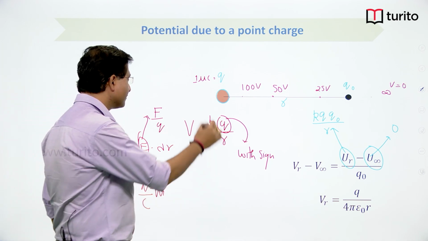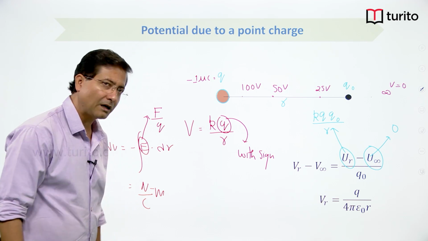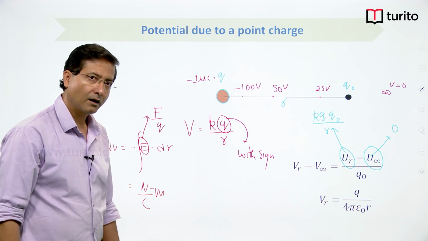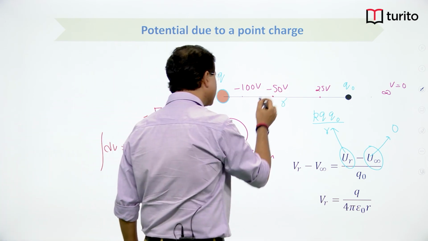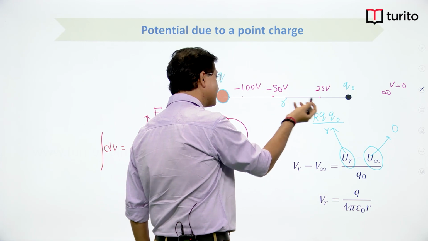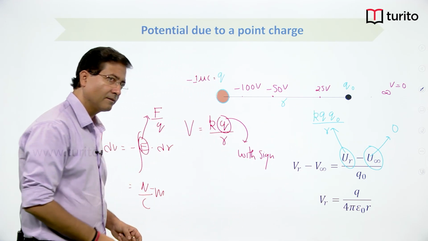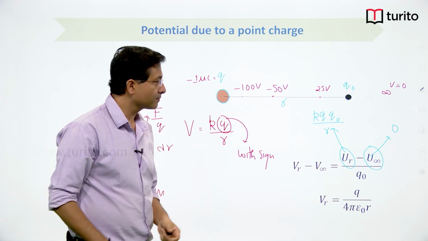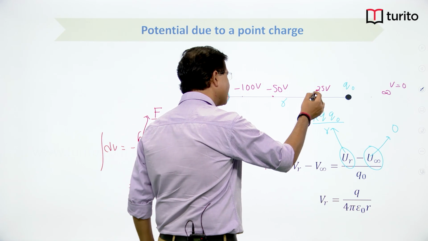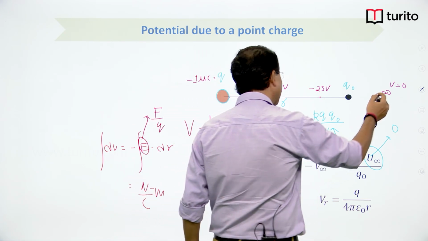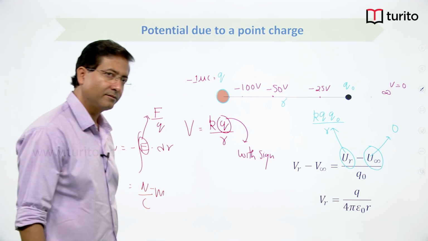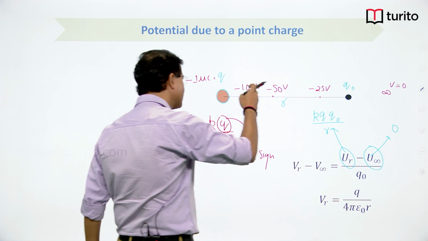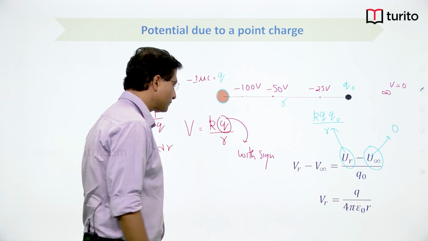If our charge is negative, then what will happen, somewhere near to this one you will get minus 100 volt, you move further, this increases in this case, right, not reduces. So minus 100 to minus 50 it got increased, right, and then this is minus 25, and at infinity again you are going to get 0. So this is the way potential will be varying as you keep moving away from the charge.